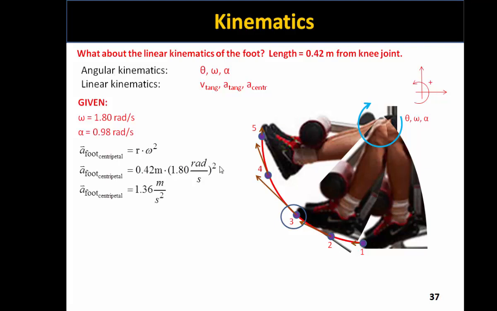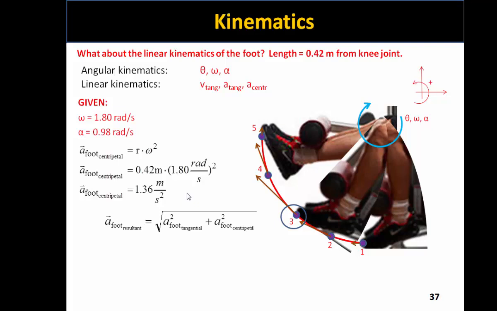And so once again, even if you square a radian, it's unitless, so it drops out. The second becomes a squared unit, and we're left with a meter per second squared. So since we want an acceleration, the units work out, so we're headed in the right direction. We perform the mathematical multiplication, and we have a centripetal acceleration of the foot of 1.36 meters per second squared.